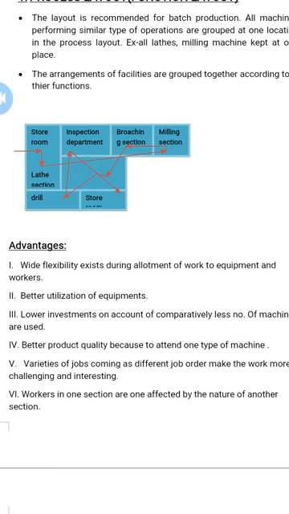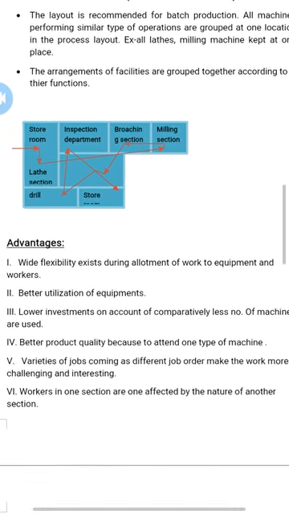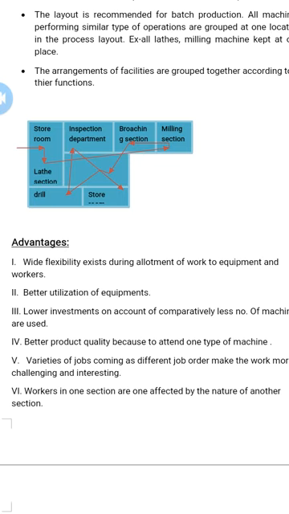Better product quality, because to attend one type of machine, the worker has to do one type of operation throughout the manufacturing process. Varieties of jobs coming as different job orders make the work more challenging and interesting. In mass production, the worker's job is monotonous.